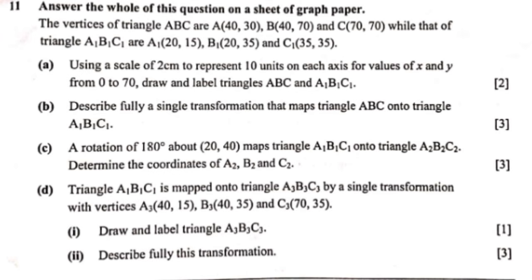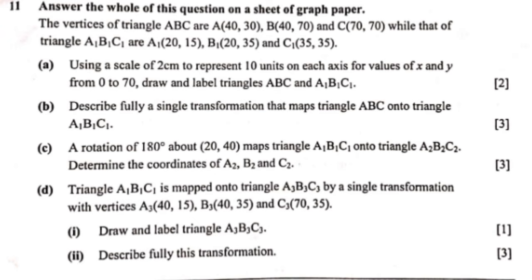The question reads: the vertices of a triangle ABC are A (40, 30), B (40, 70), and C (70, 70), while those of a triangle A1 B1 C1 are A1 (20, 15), B1 (20, 35), and C1 (35, 35).